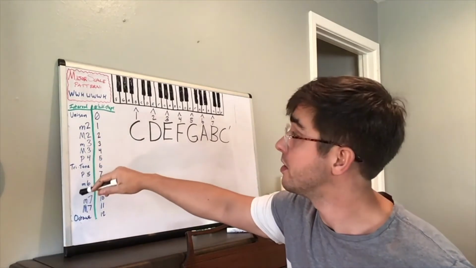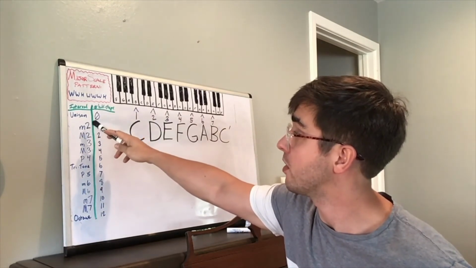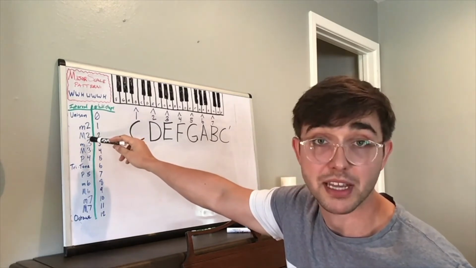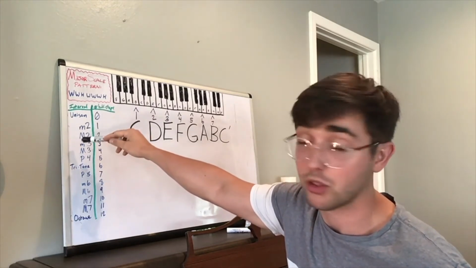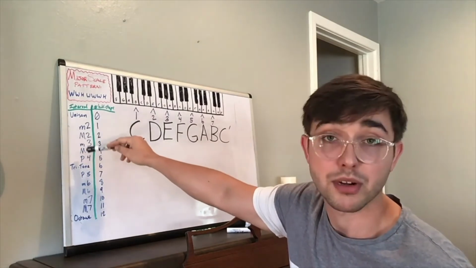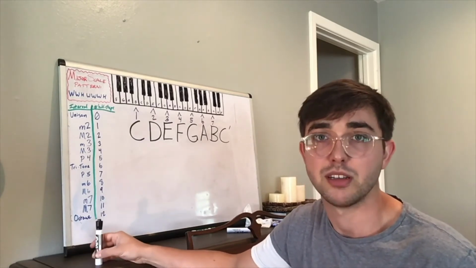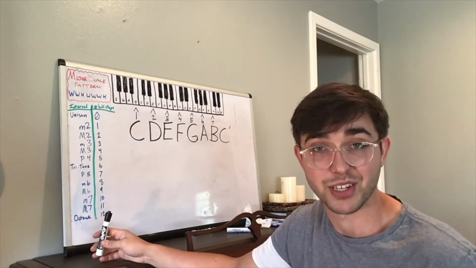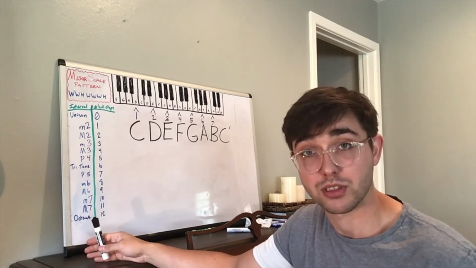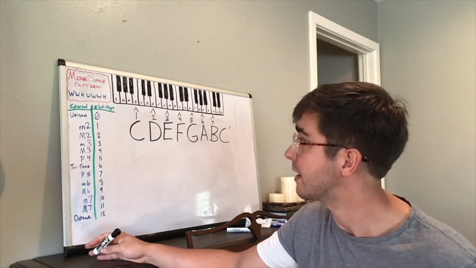A quick note, you'll see that going from this interval to the next interval, both of them are seconds, but one is notated with a lowercase m, the next is notated with an uppercase m. That is to distinguish between minor and major. In music theory, that's something that we have to do. So whenever we're talking about minor, it's always lowercase. Whenever we're talking about major, it's always uppercase. That's just a quick side note.